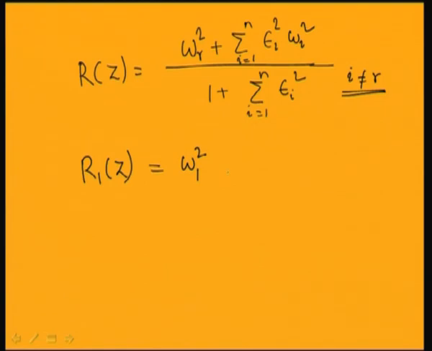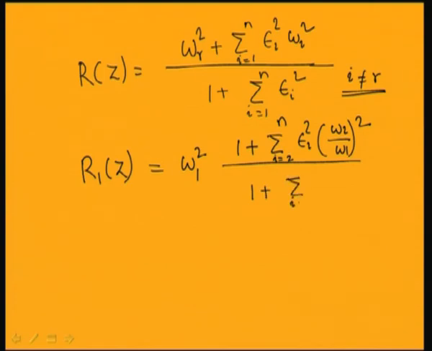So, this is omega n square into 1 plus, since I am finding for r equal to 1, this will not contain the first term. So, it will be I equal to 2 to n, epsilon I square omega I by omega 1 square, so this is equal to 1 plus summation I equal to 2 to n epsilon I square.